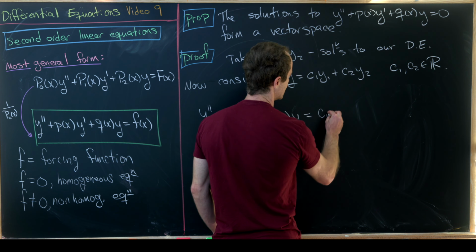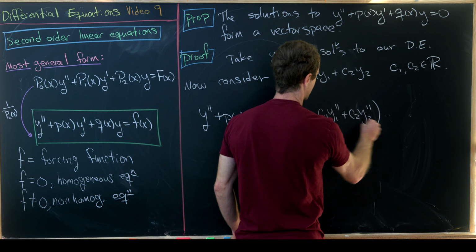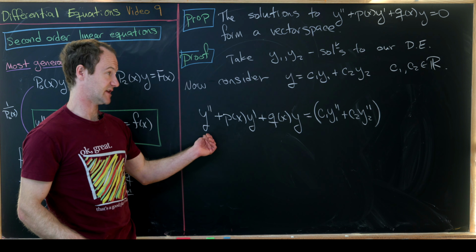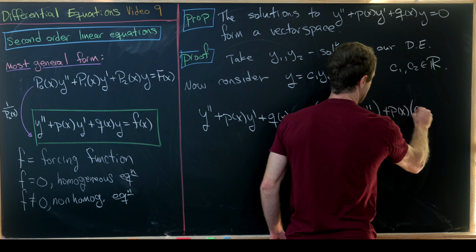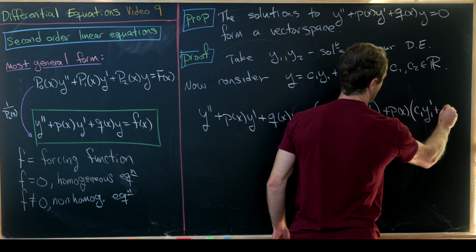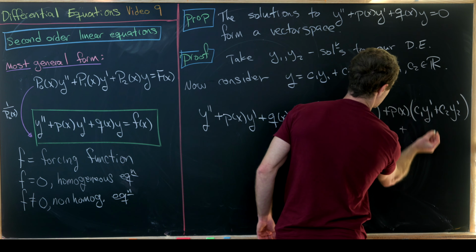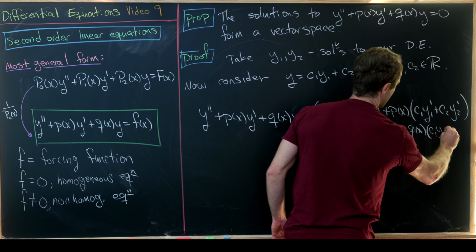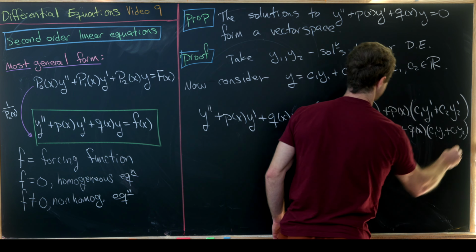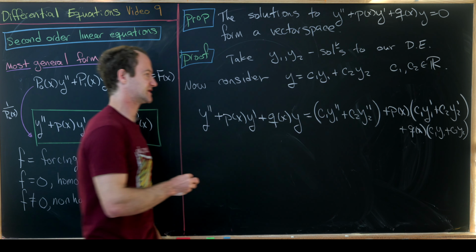This will give us c1 y1 double prime plus c2 y2 double prime from taking the second derivative, plus p of x times c1 y1 prime plus c2 y2 prime, and then finally plus q of x times c1 y1 plus c2 y2.